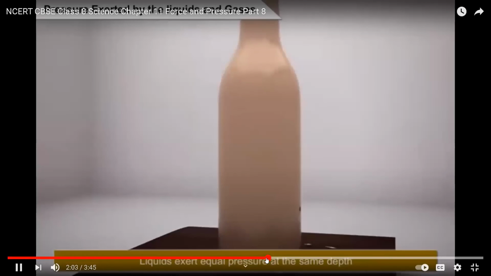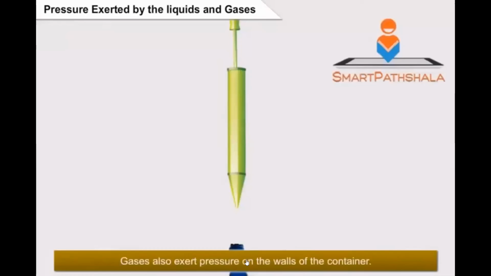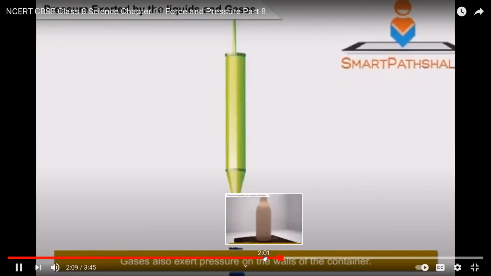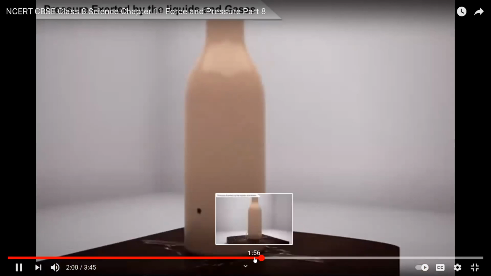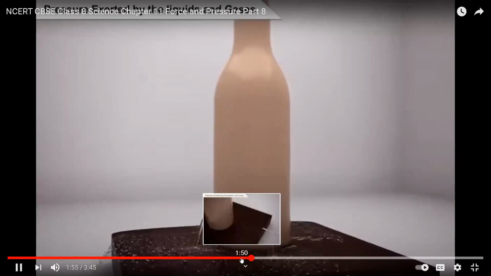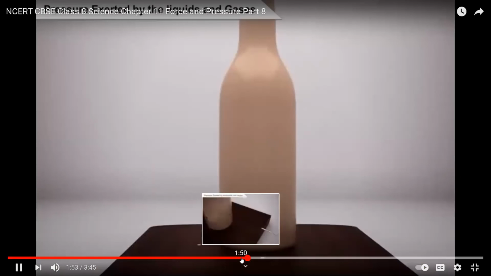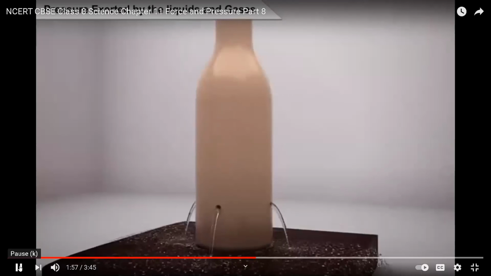Liquids exert equal pressure at the same depth. Now fill the bottle with water. What is happening? The water is coming out from all three holes.